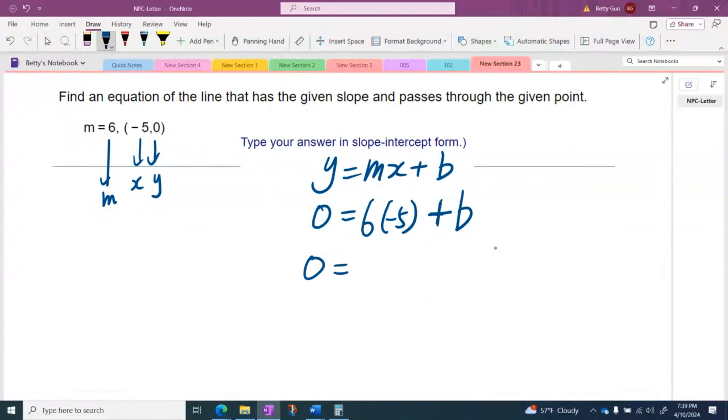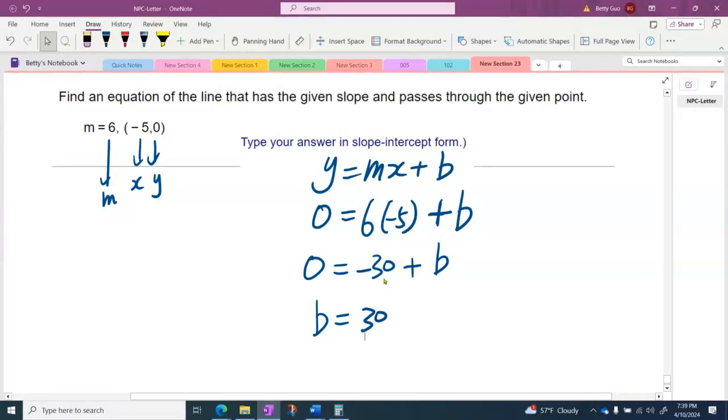0 on the left side, right side 6 times 95, negative 30 plus b. Think about which number minus 30 gives you 0. It has to be 30. B has to be the opposite of negative 30 in order to get a sum equal to 0.